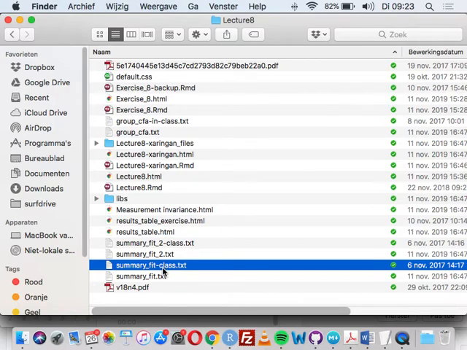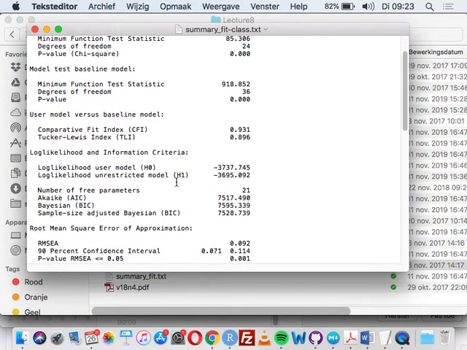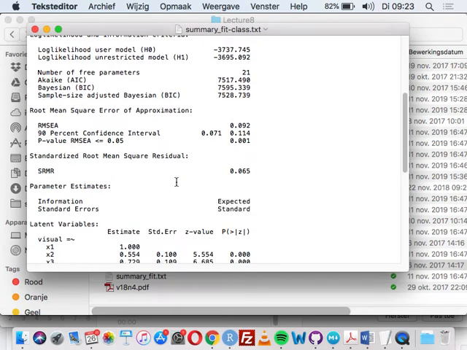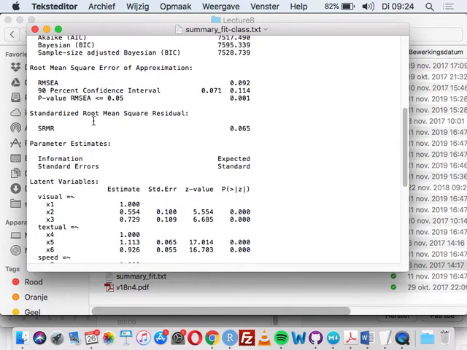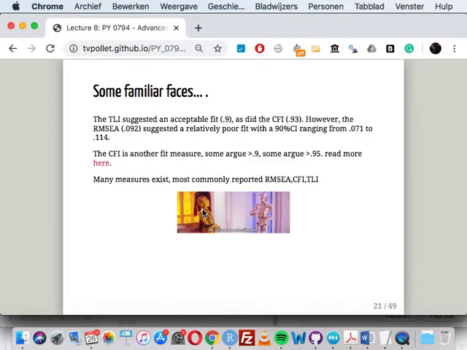Yes, that's the one. So this one, the standardized root mean square residual, sometimes also gets reported. Depending on your supervisor and which journal you go to, people will want different things, but most commonly people report the RMSEA, the CFI, and the TLI, and sometimes also the chi-square, which you had at the top. It will depend on the journal, so you'll have to check.